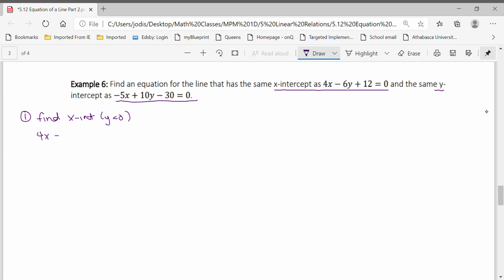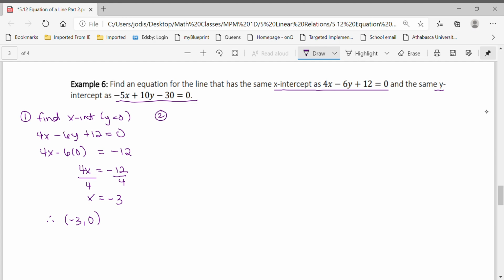So we've got 4x minus 6y plus 12. This is the one we want the same x-intercept as. So we're going to set y equal to 0. I'm also going to move my 12 over because we know we're going to need to. So 4x equals -12, divide by 4, x is -3. So we know this point, (-3, 0), lies on our new line.